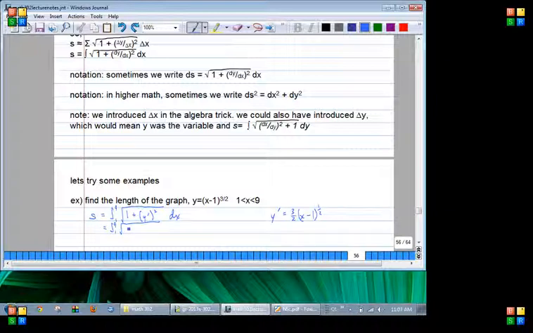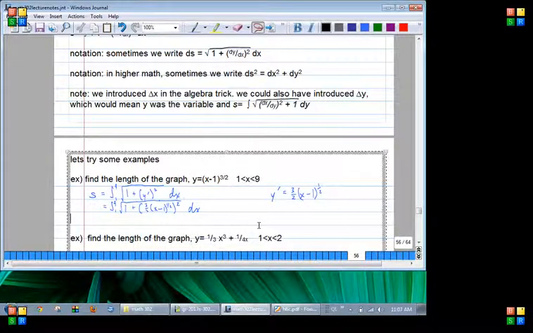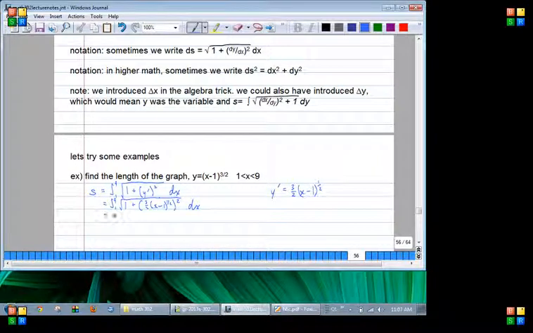So 1 plus (3 halves (x minus 1) to the 1 half) squared dx. So when you square it, what do you get? You get 9 fourths, and that's (x minus 1) dx.